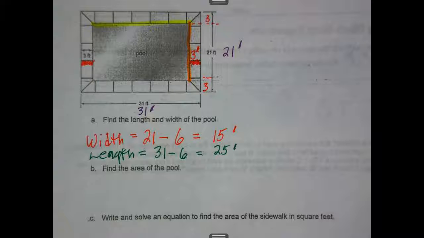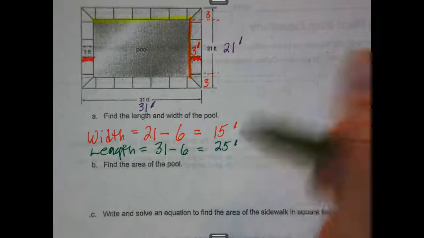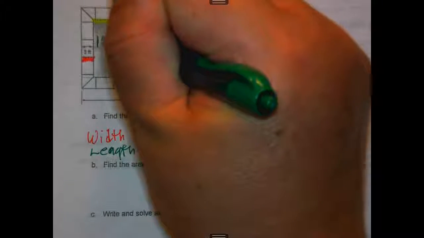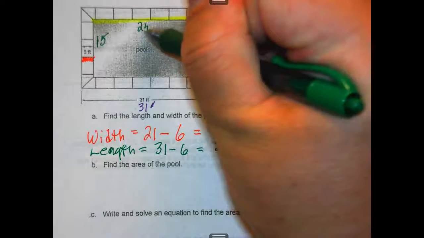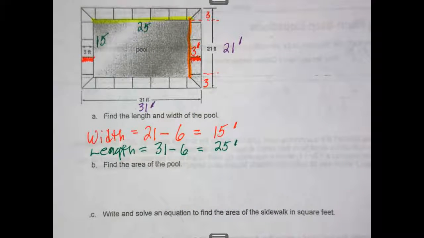Now it says the area of the pool. The area is going to be our 15 by 25. 15 feet is the width of the pool, and 25 is the length of the pool.